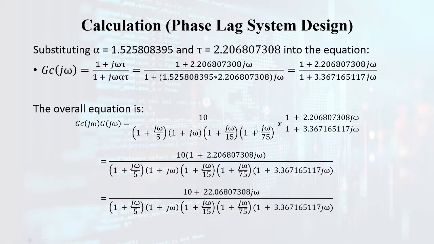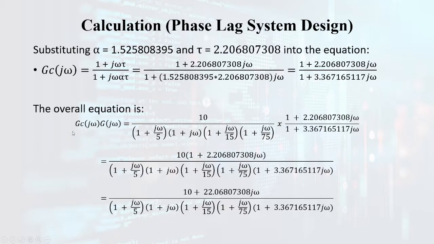So this is the transfer function of the phase lag network: Gc(j omega) equals (1 plus j omega tau) over (1 plus j omega alpha tau). You substitute the values of alpha and tau into the equation, and you will get (1 plus 2.206807308 j omega) over (1 plus 3.367165117 j omega).